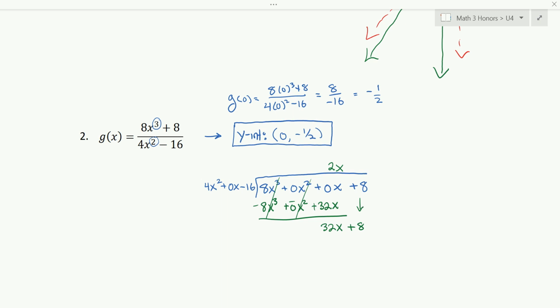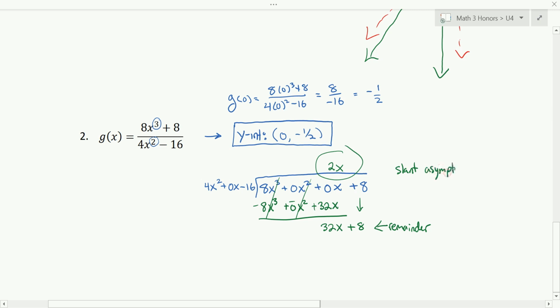And so we have a remainder. So this is our slant asymptote. Okay. So y equals 2x.